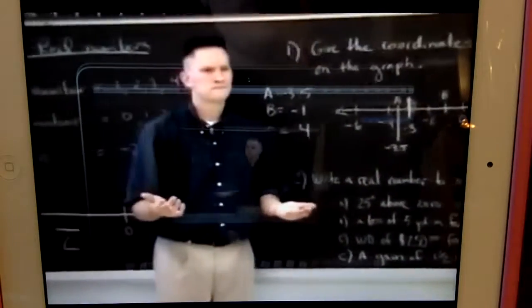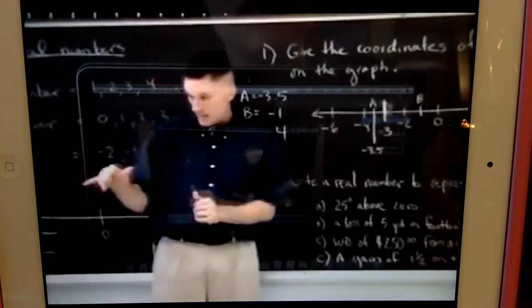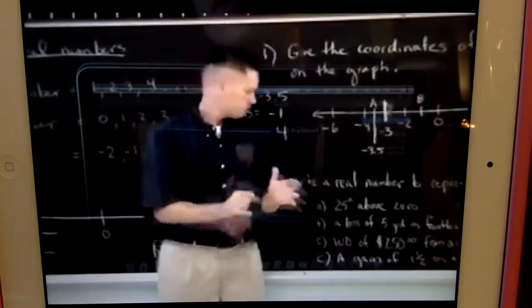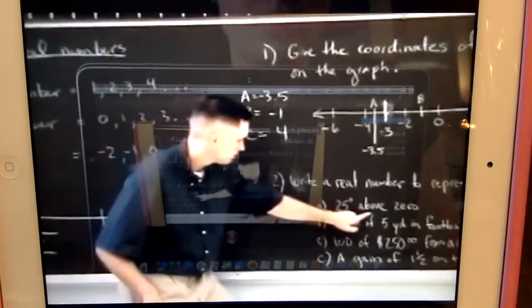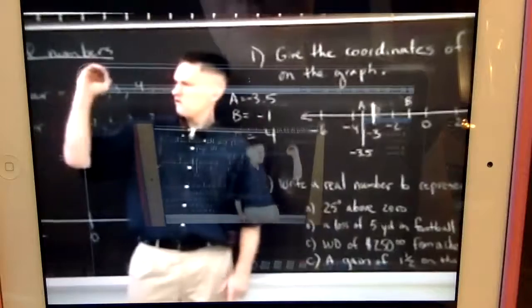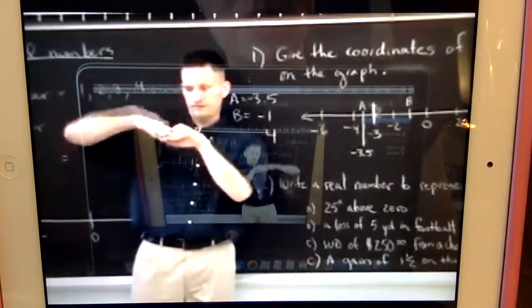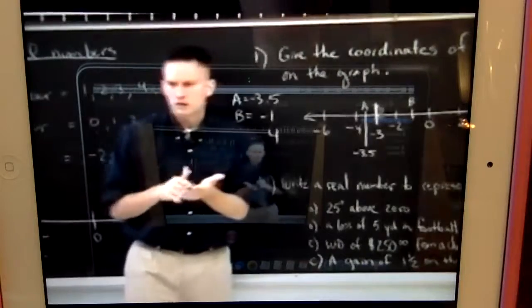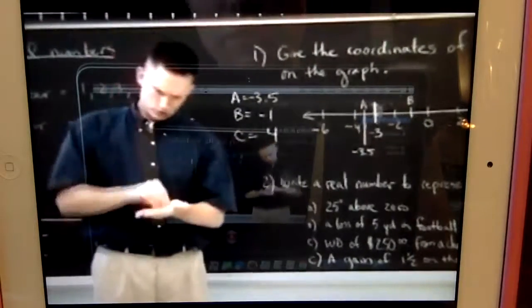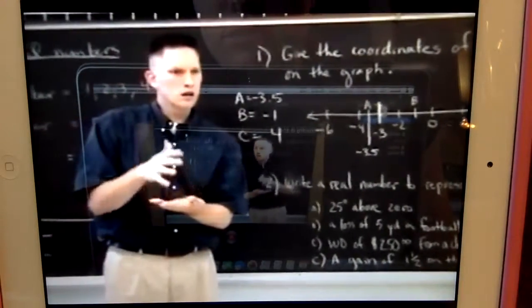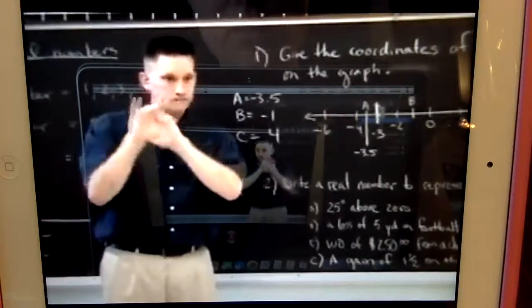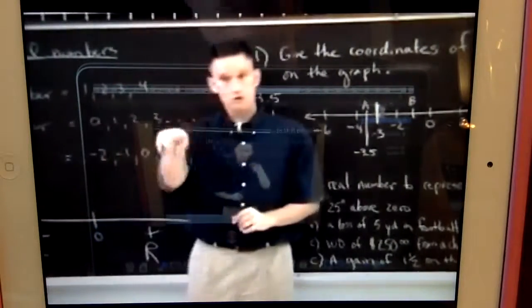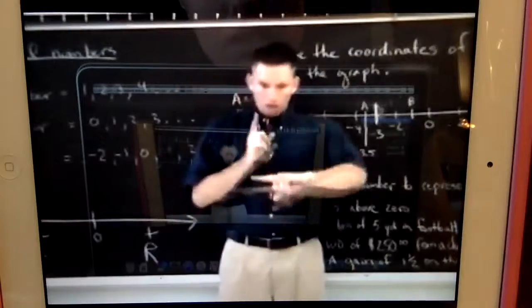Right. Okay, so now we've got this example. What does the word represent mean? It means to show. That sentence shows what? So let's go to this example. 25 degrees above 0. What would you put down? What specific number would you write? No, it's 25.